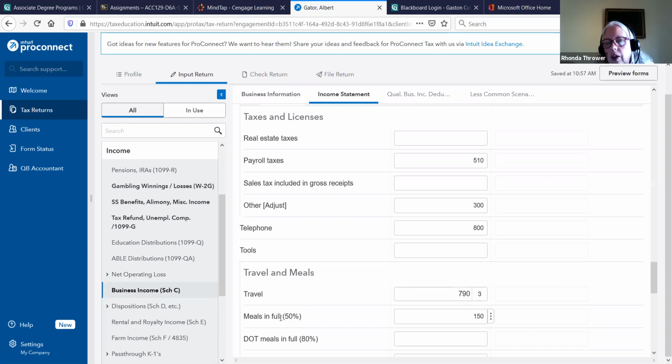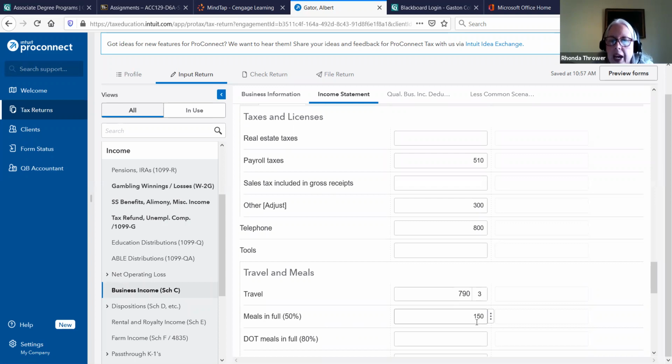And notice it says to record the amount in full, class. This one hung me up because I knew that you could only take 50% of your meals, which was 75. But if you enter 75 here, it takes half of 75, so it doesn't record it right. So record the meals in full, which was 150, and then ProConnect will take 50% of that for you.